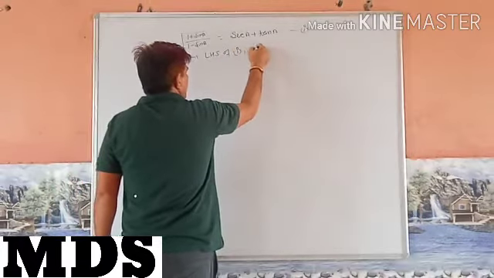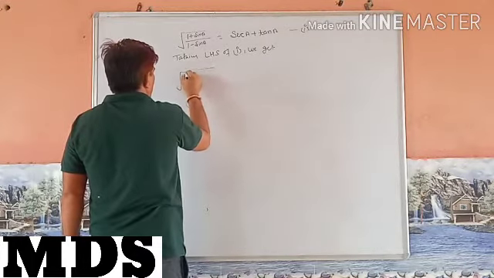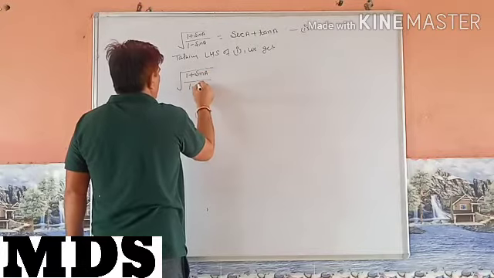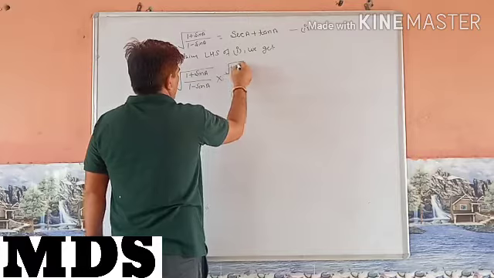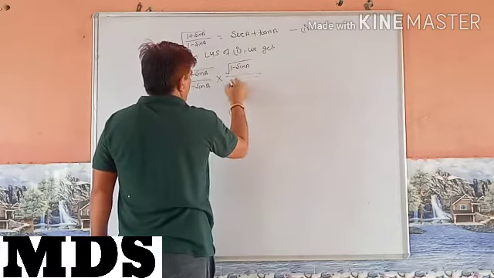We get under the root (1 plus sin A) by (1 minus sin A), multiplying with (1 plus sin A) under the root.